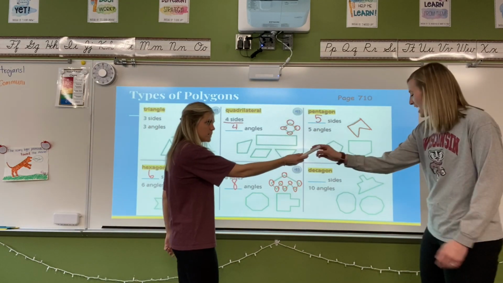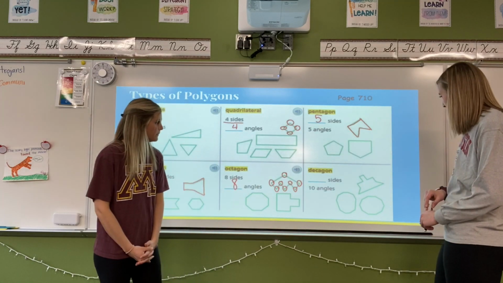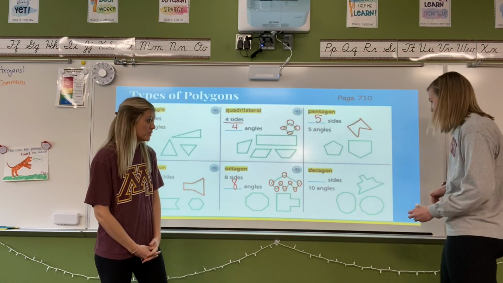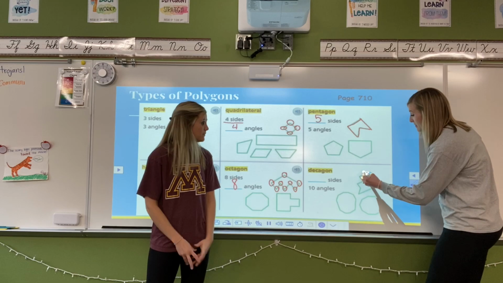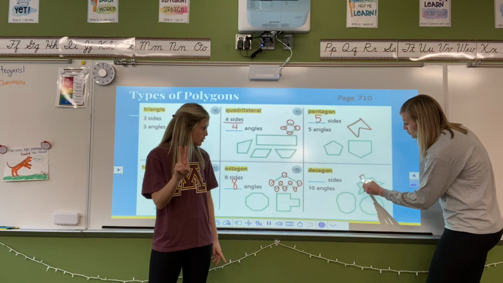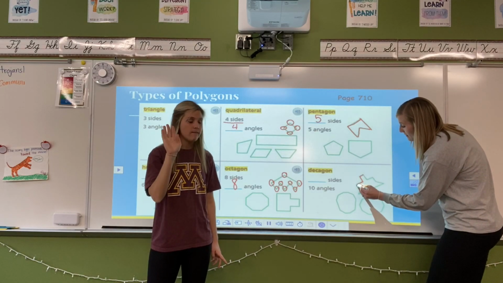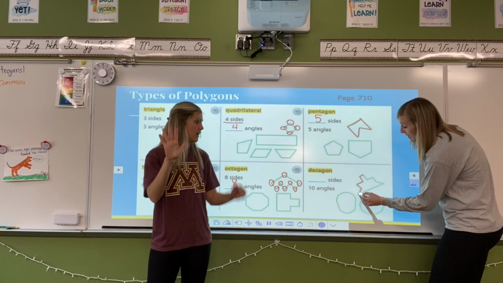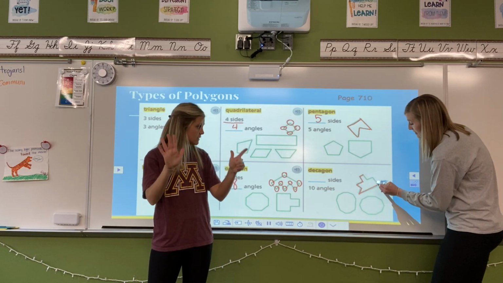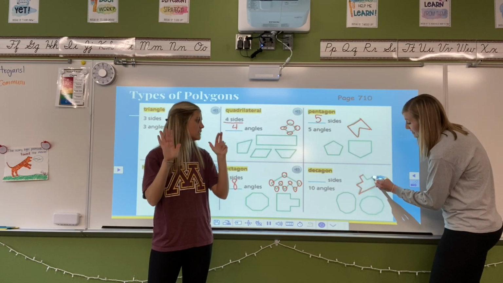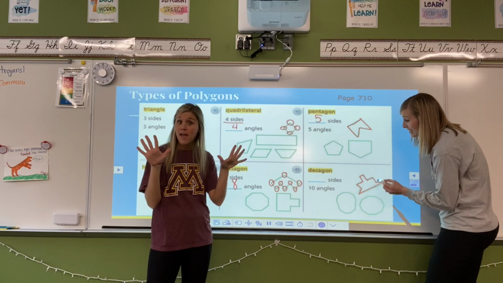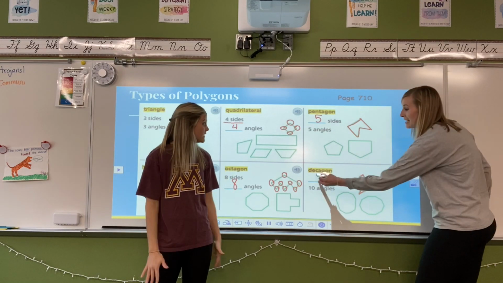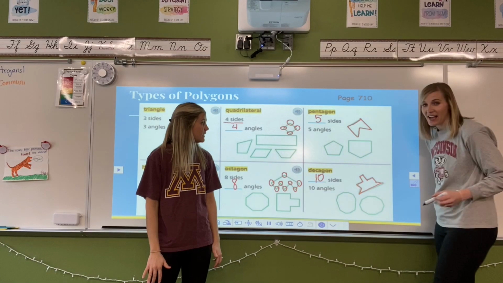You want to count them this time? Sure. I'm going to go with this one. Okay, ready guys? Count with us. 1, 2, 3, 4, 5, 6, 7, 8, 9, 10. There it is. 10 sides.